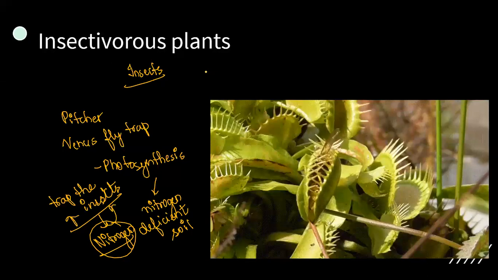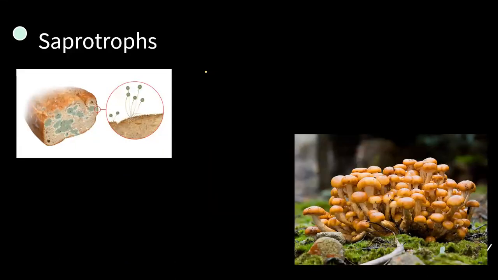Apart from that, you might have also observed when we keep the bread for a longer time, there appears whitish pores on it, right? So these organisms are basically the fungi, and they have a different mode of nutrition. That is, they are going to absorb the nutrients from the bread.